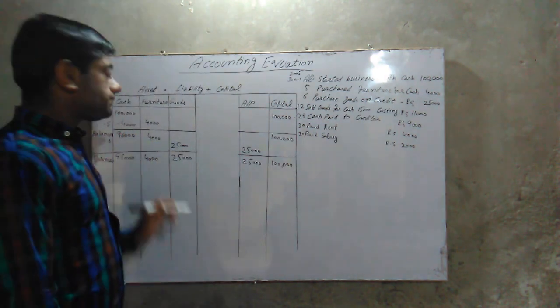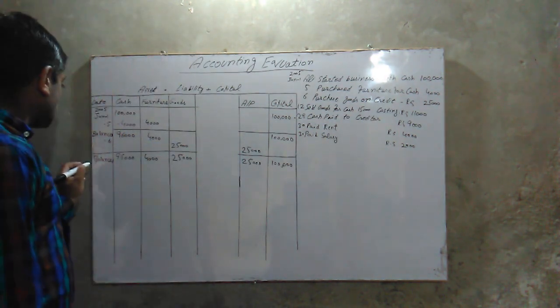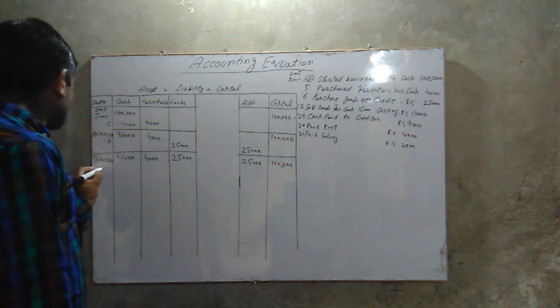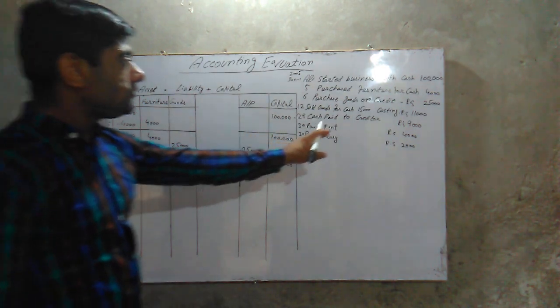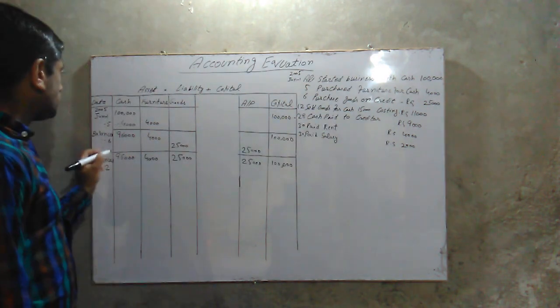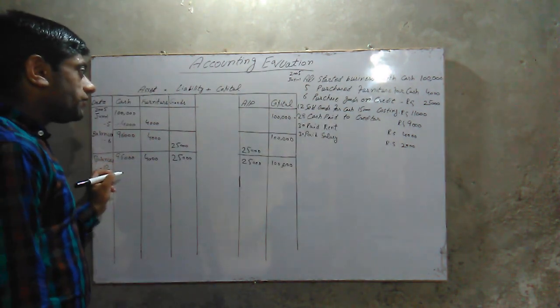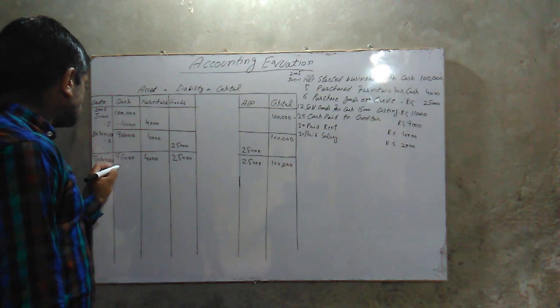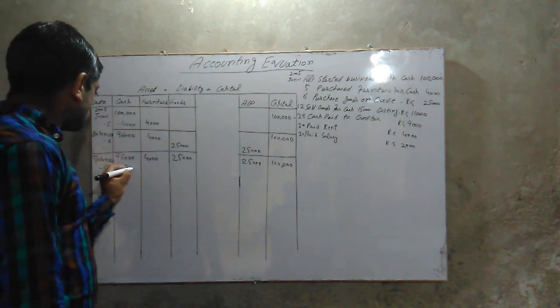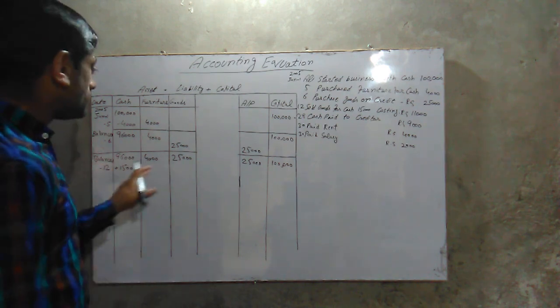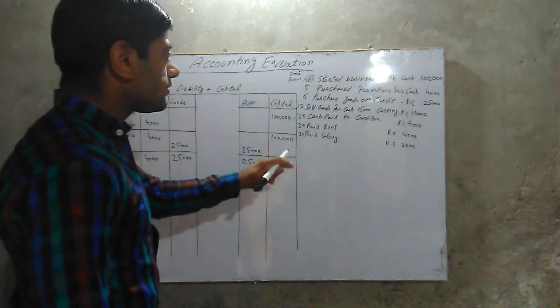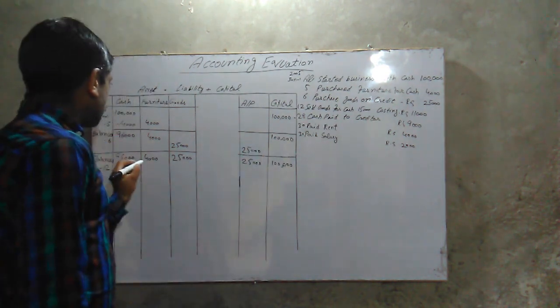So on 12 June, 15,000 cash received. Cash increases by 15,000 and goods sold, costing 11,000.